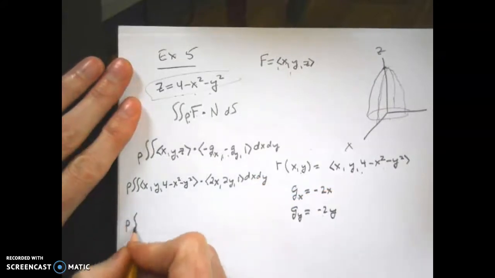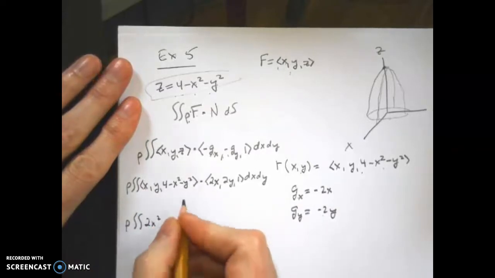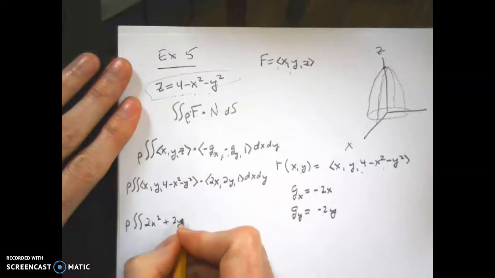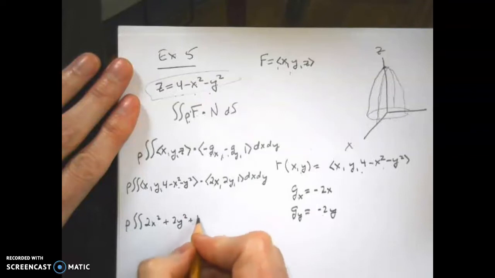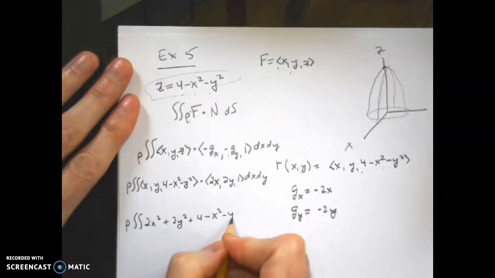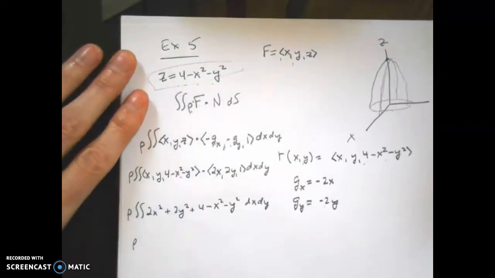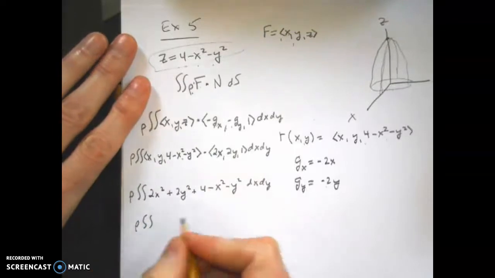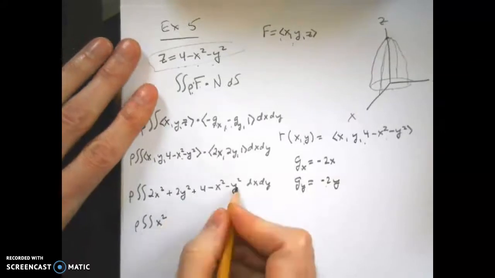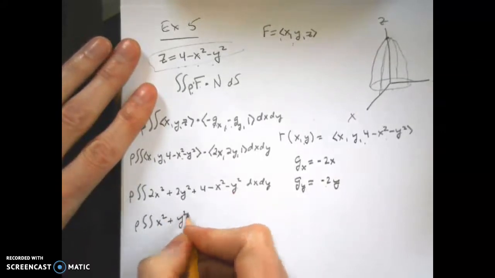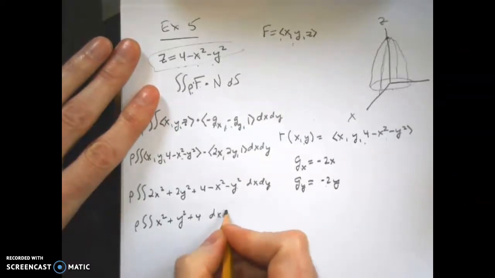Okay, so we've got rho times the double integral of 2x squared plus 2y squared, plus 4 minus x squared minus y squared, dx dy. Simplifying, we get rho times: 2x squared minus x squared is x squared, 2y squared minus y squared is y squared, and then plus 4, dx dy.